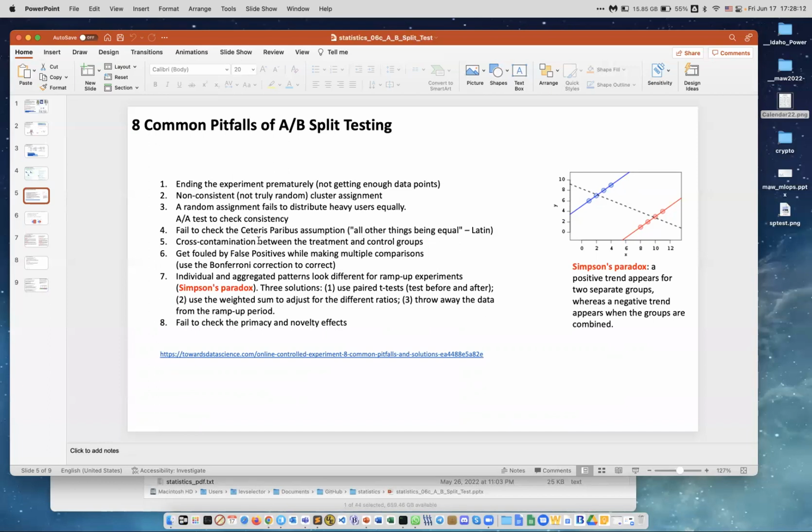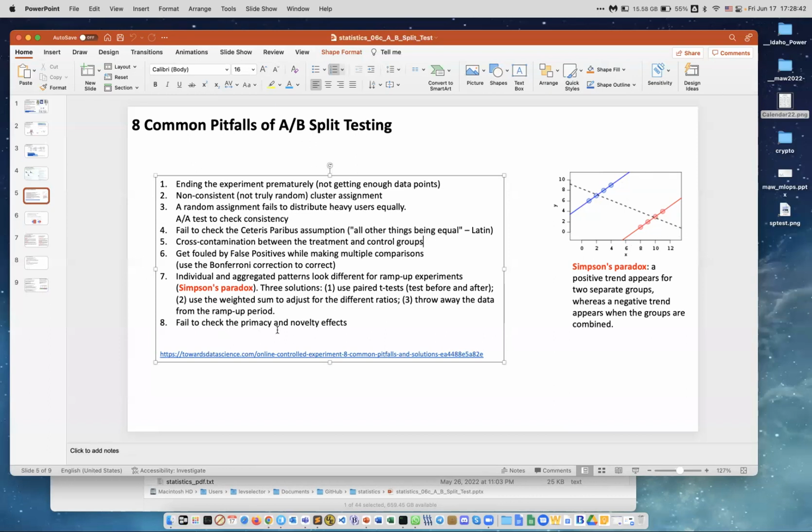Cross-contamination between treatment and control groups. Get fooled by false positives while making multiple comparisons. Individual and aggregate patterns look different for ramp-up experiments. So it's Simpson's paradox, and here it is described. In this experiment, it looks like it grows, and in this experiment, it looks like it grows. But actually, you can see from the big picture that it goes down.